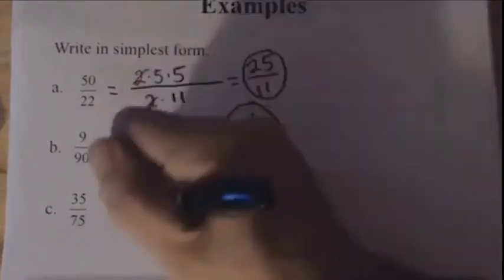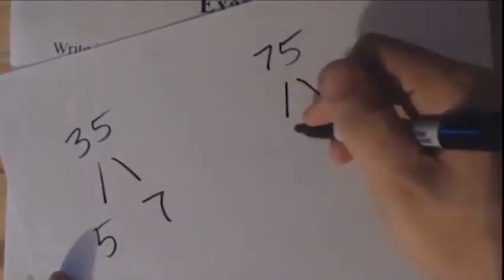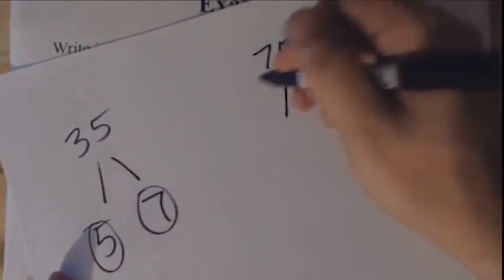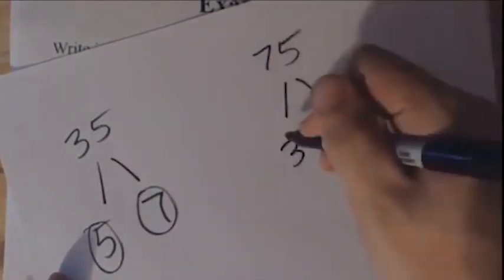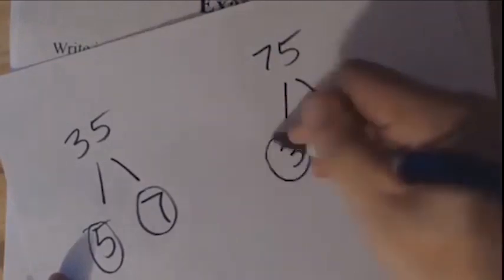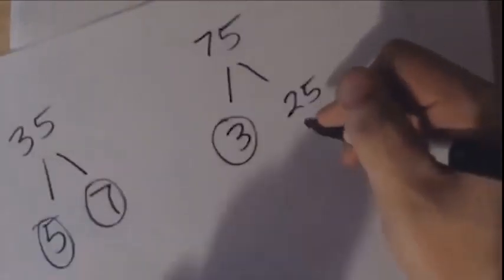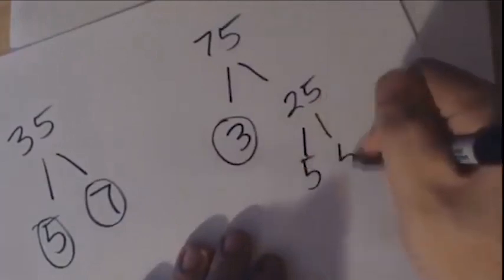Next, 35 over 75. So we need a factor tree for 35, a factor tree for 75. 35 is 5 times 7. Both prime. 75 is 3 times 25. 25 is 5 times 5.